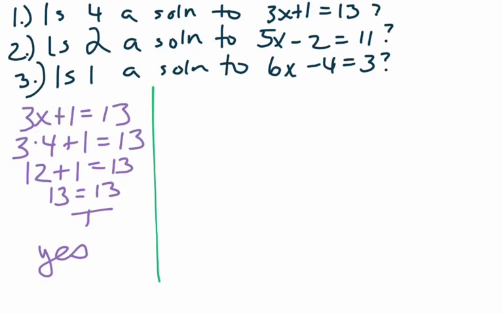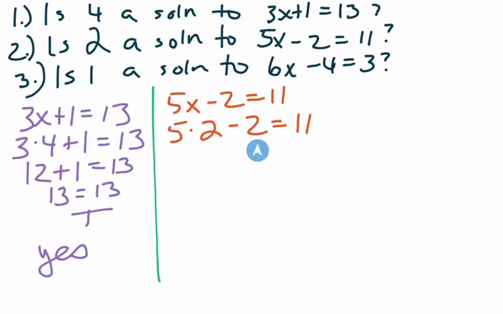The second one: is 2 a solution to 5x minus 2 is equal to 11? So I'm going to take out that x and plug in a 2. And notice for a moment how math starts to build. Hopefully this isn't feeling too hard, but a couple of lessons ago, the entire problem was on how to simplify this.